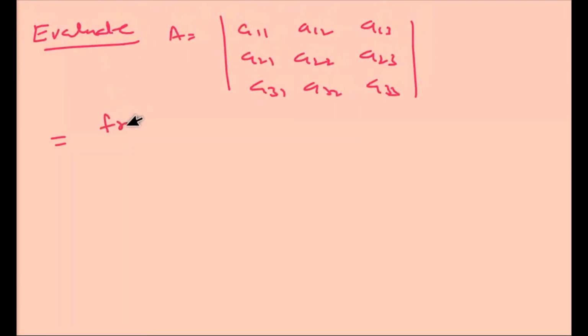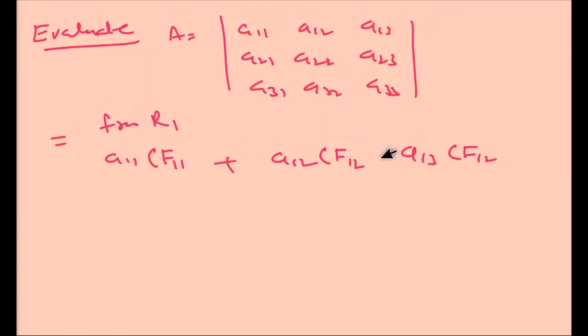From R1, if we want to find it from R1, then write the members of R1, first row A11, A12, A13, and write here the cofactor of A11, A12, cofactor of A13, and add it. This way you can find the evaluation of this 3 into 3 order.